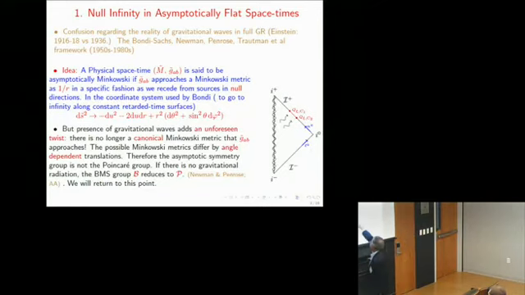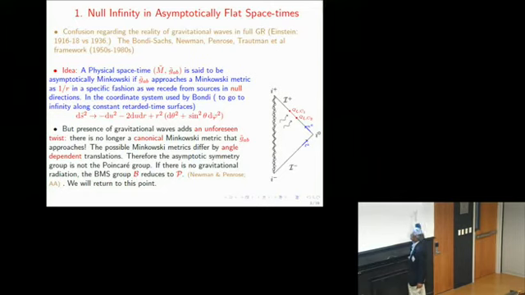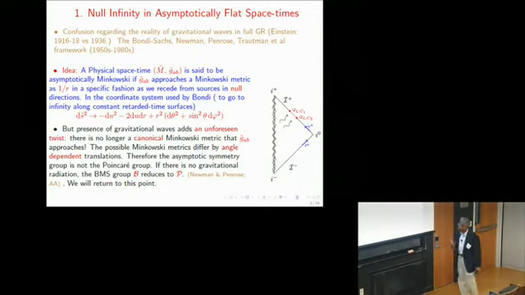In the coordinate system used by Bondi, in which you use a retarded time u, t minus r if you like, so u equal to constant on a surface like that, and you go out to infinity, then the physical metric g tilde goes to the Minkowski metric, plus certain terms which fall off like 1 upon r, in a precise manner that they spelled out. But the presence of gravitational waves adds an unforeseen twist.